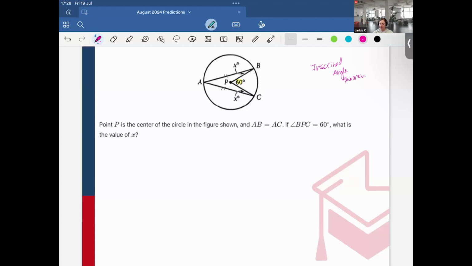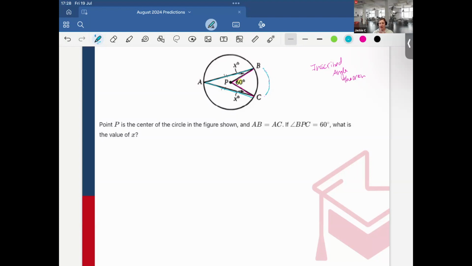So here, if the center angle is extending from arc BC, everyone sees that center angle. And I can also see that the inscribed angle, BAC, is also being cut from the same arc. So important. And notice what I'm saying, that they're cut from the same arc.